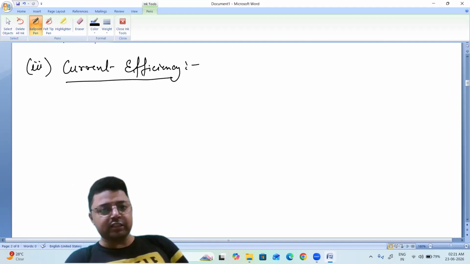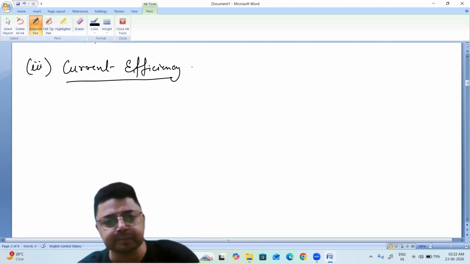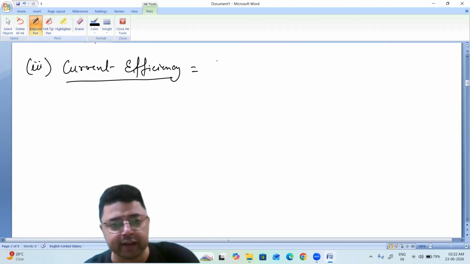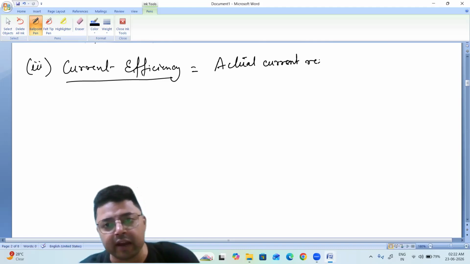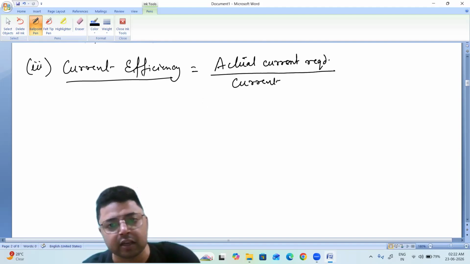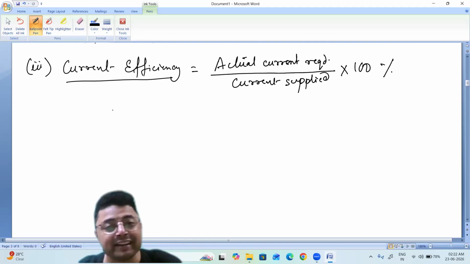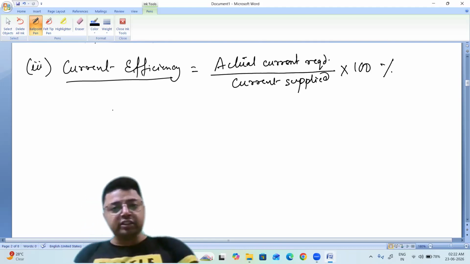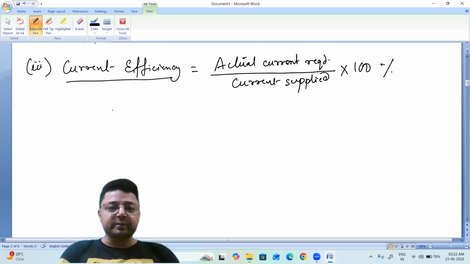So current efficiency we can write in this manner: current efficiency is the actual current required divided by the current supplied, times 100.